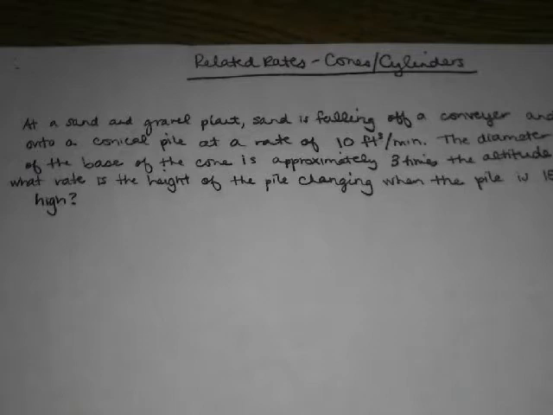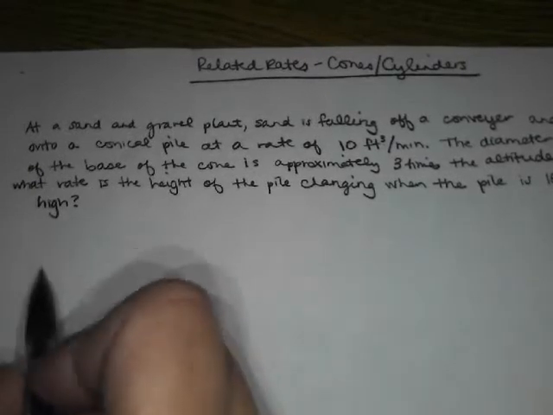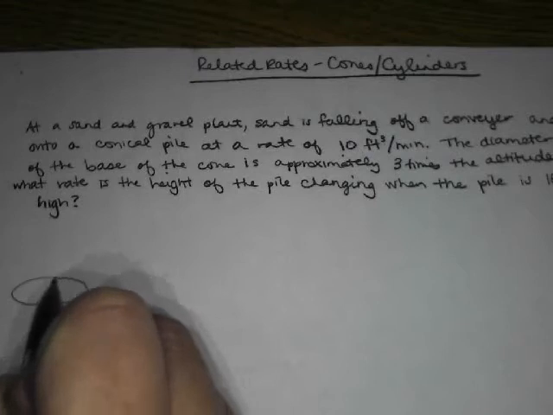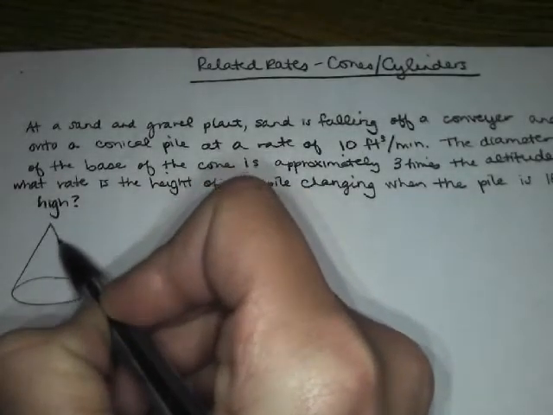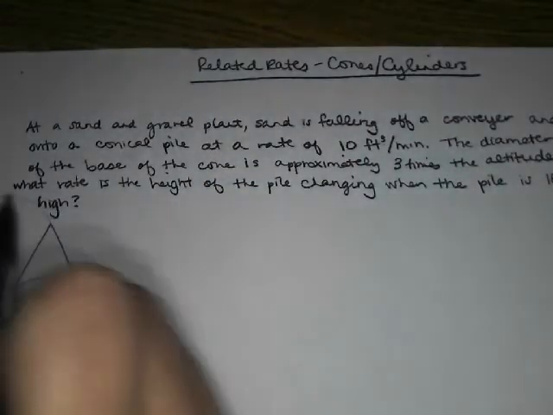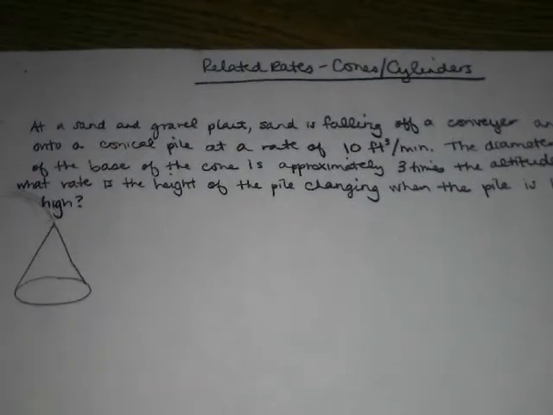Alright, at a sand and gravel plant, sand is falling off a conveyor and onto a conical pile at a rate of 10 cubic feet per minute. So we have a cone, and sand is falling onto that.